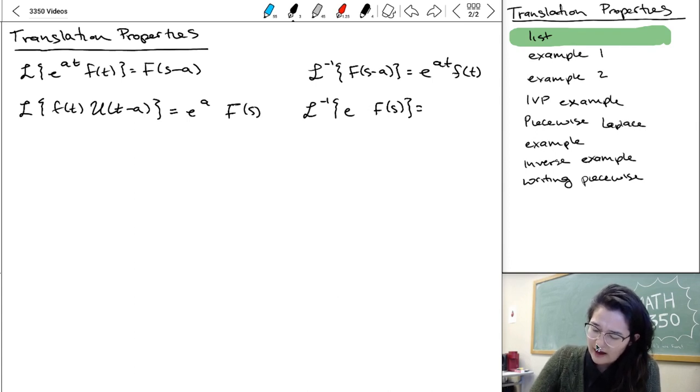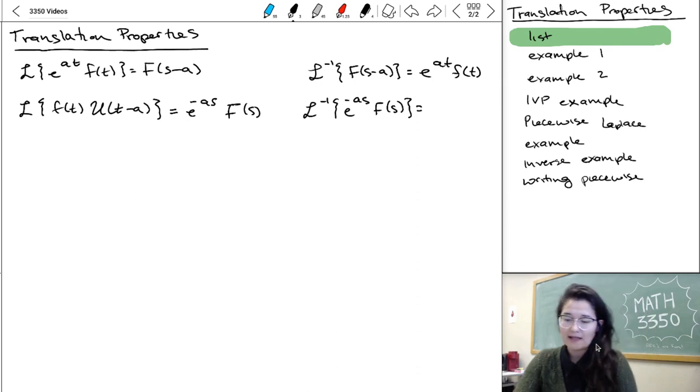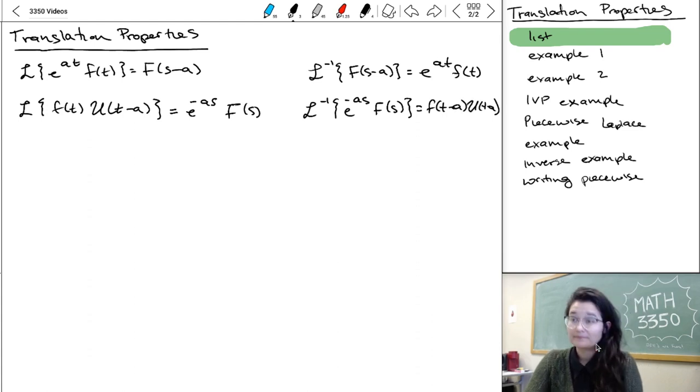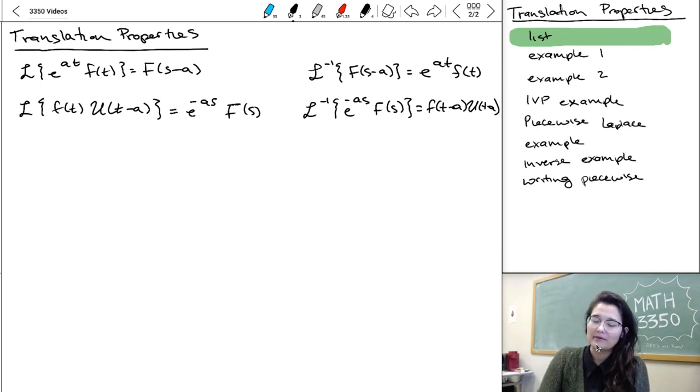We should never have s's and t's in the same equation. So it's e to the minus as times F of s. That's going to take me back to f of t minus a, u of t minus a. It's a little crunched, but I think you'll be able to put together that f of t minus a, u of t minus a should be the same over there.